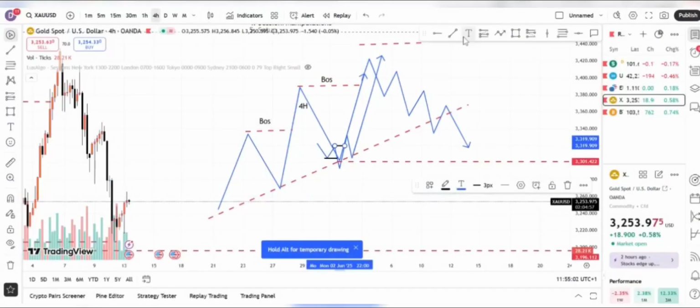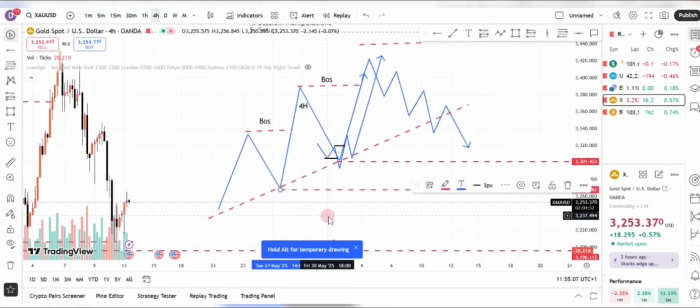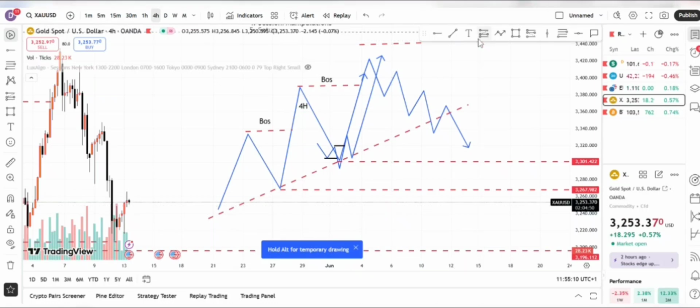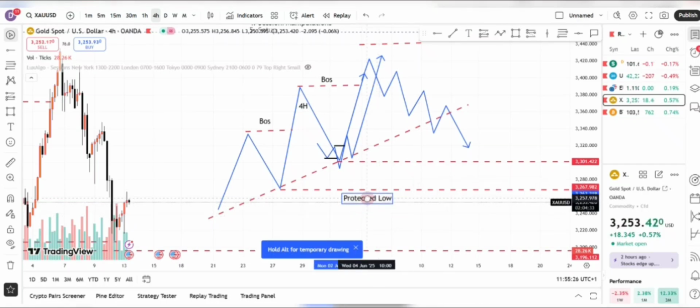Now, because this trend is an uptrend, we will call this low a protected low. Do you understand? It's a protected low because price should not be coming here.